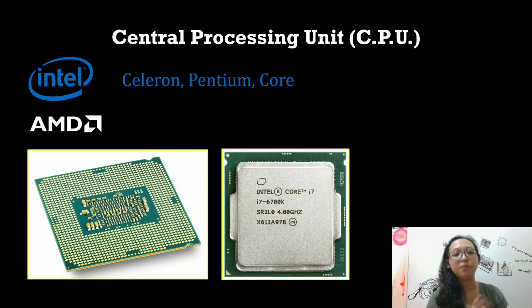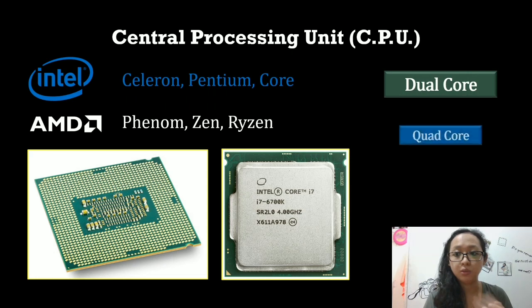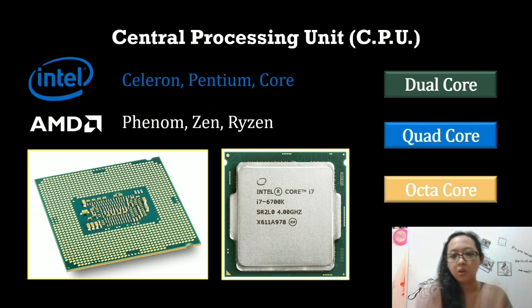So, for AMD, sumisikat siya ngayon kasi they are now producing budget-friendly CPUs na okay naman yung performance. So, sa knowledge ko, ito lang yung alam ko from AMD. They have the Phenom, Zen, and the Ryzen. So, dito din sa CPU, nanggagaling yung mga naririnig natin na terms na dual-core, quad-core, or octa-core.